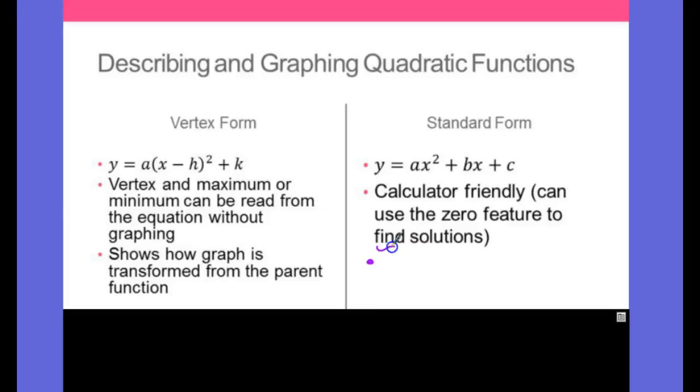So when you're looking at these, and like right there, it says find the solutions. We use standard form for solving. We use vertex form for graphing. So again, it's showing how the graph is transformed. Vertex is graphing, standard is solving. So when we get equations of functions, those are typically how you want to look at them.